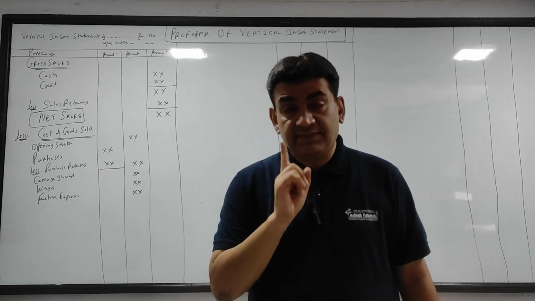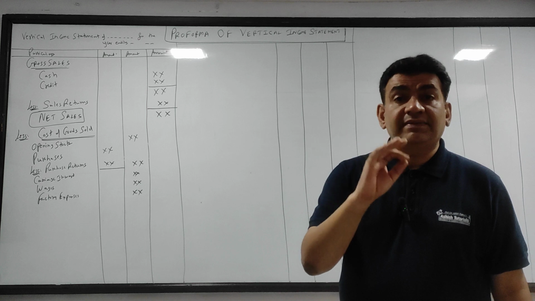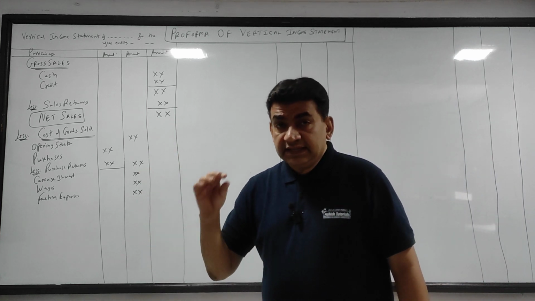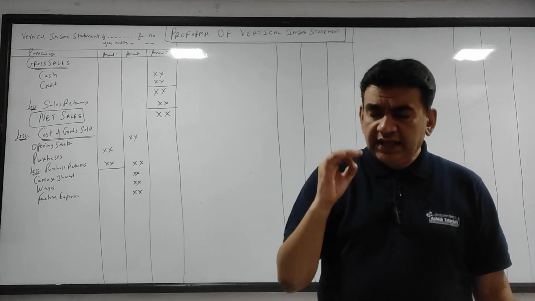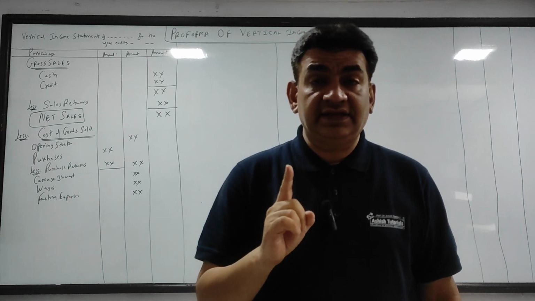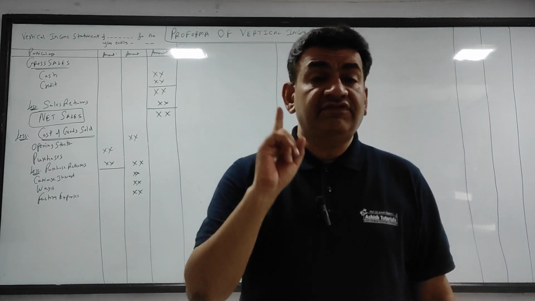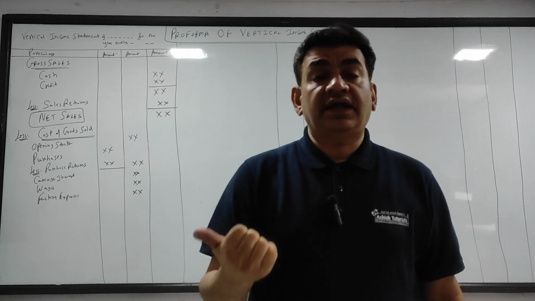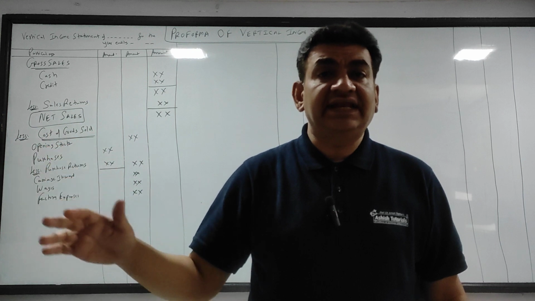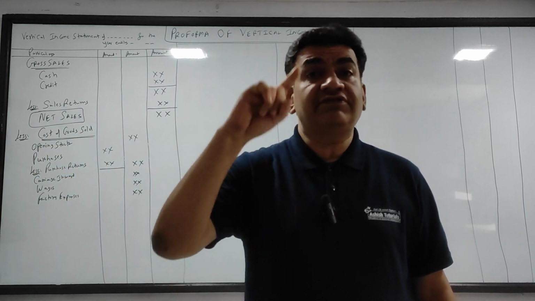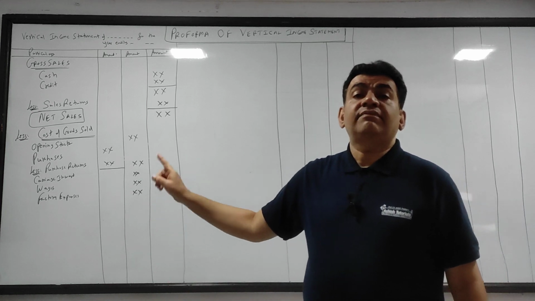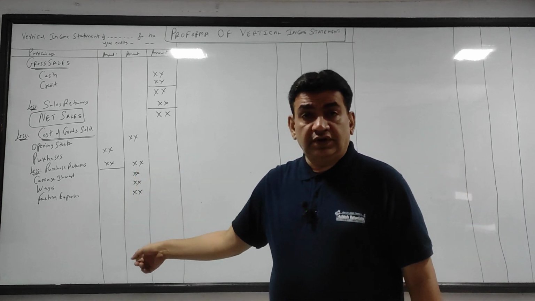Correct? Now remember, a very important point about depreciation in the format. This is my cost of goods sold. In case you are using any asset in the factory, such as plant and machinery, factory building, factory shed, any asset which is used in the factory, its depreciation will be a part of cost of goods sold.